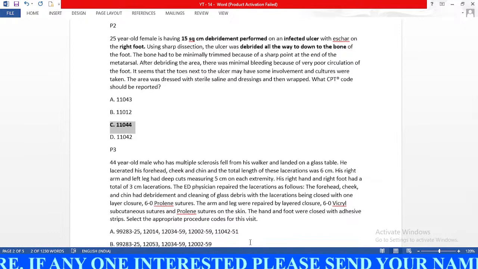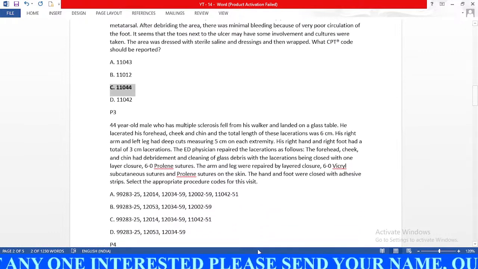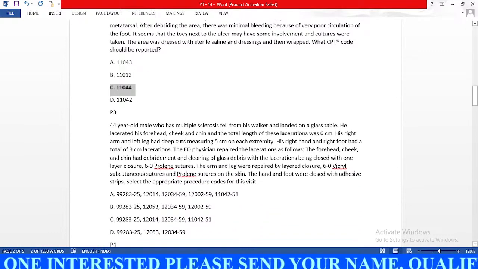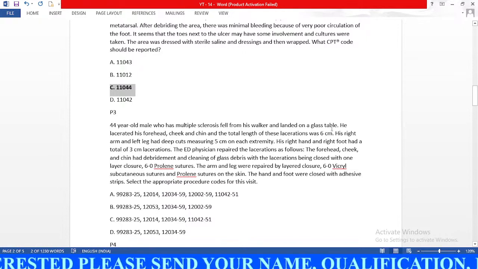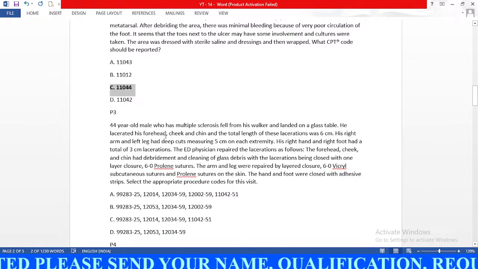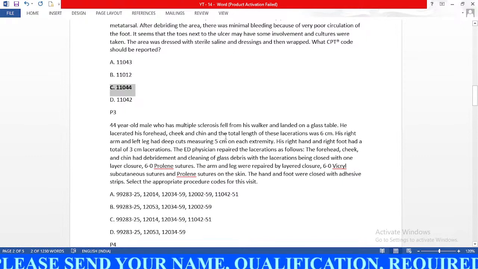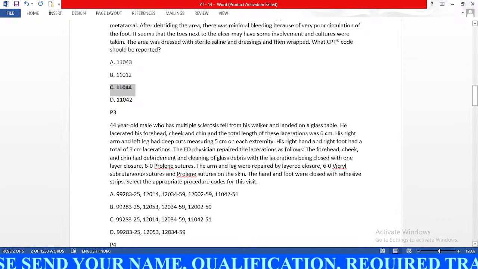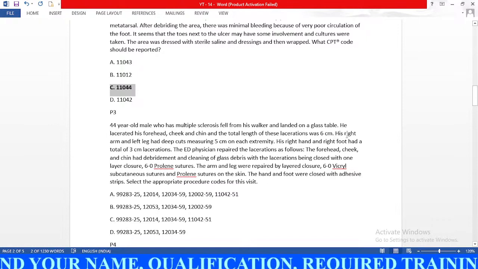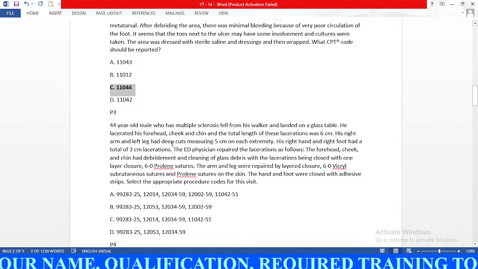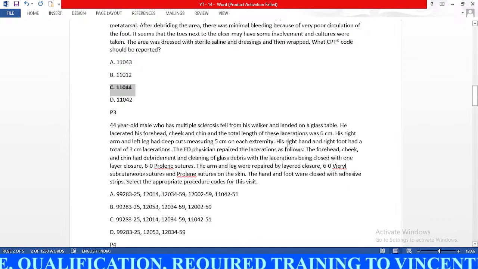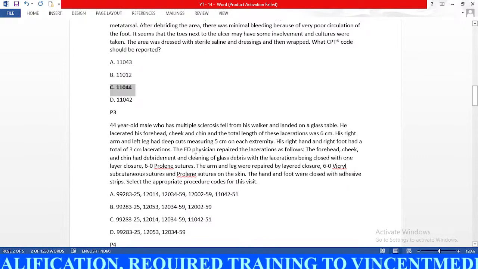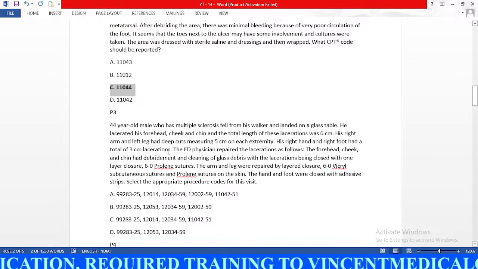We will go ahead with the third question. A 44-year-old male who has multiple sclerosis fell from his walker and landed on a glass table. He lacerated his forehead, cheek, and chin, and the total length of these lacerations was 6 centimeters. His right arm and left leg had deep cuts measuring 5 centimeters on each extremity. His right hand and right foot had a total of 3 centimeters of lacerations.